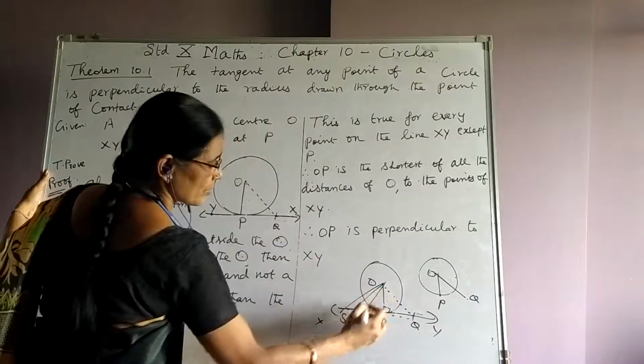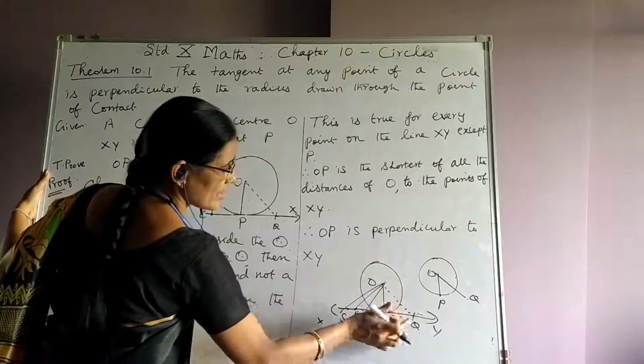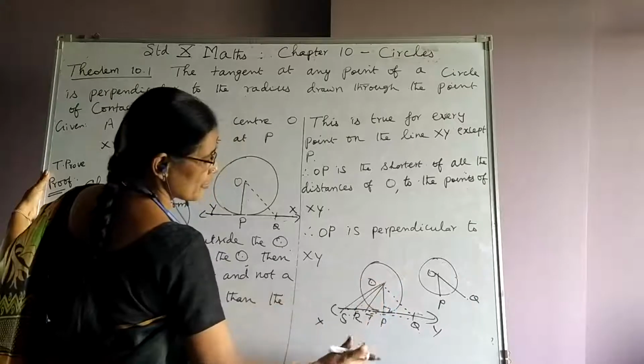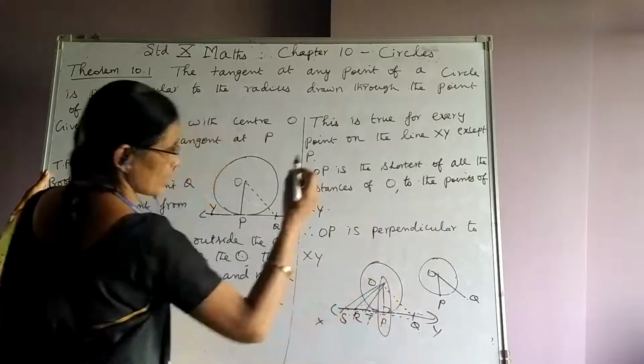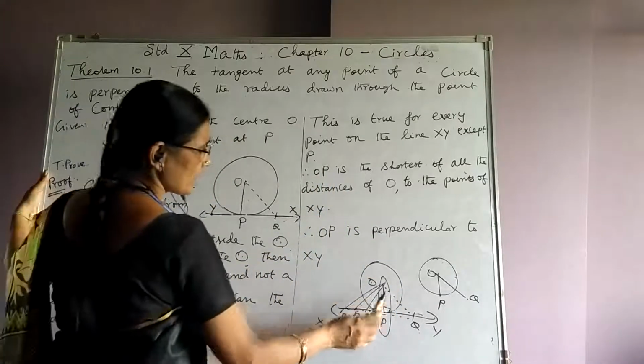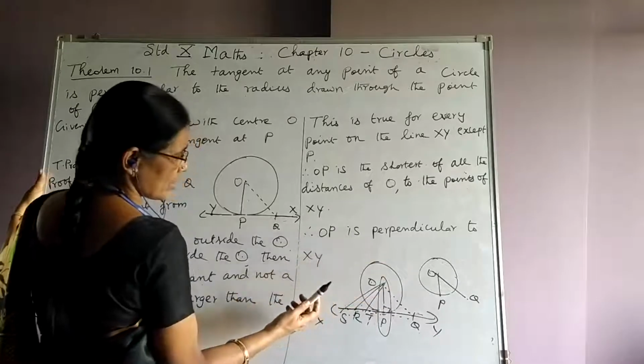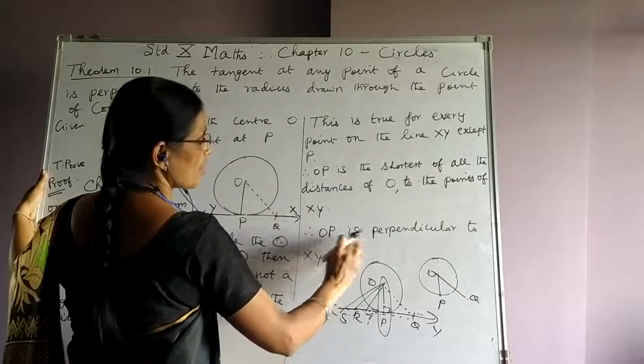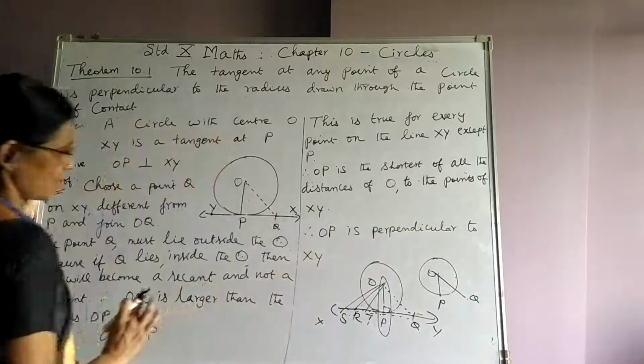That is drawn here. Right? OP is the shortest. If you compare OP with OQ or OP with OT, OR, OS, this becomes the shortest. Any shortest distance should be perpendicular. There is a theorem. Because it is the shortest, we proved OP is perpendicular to XY.